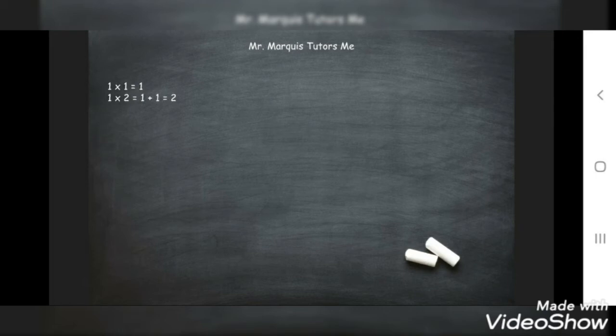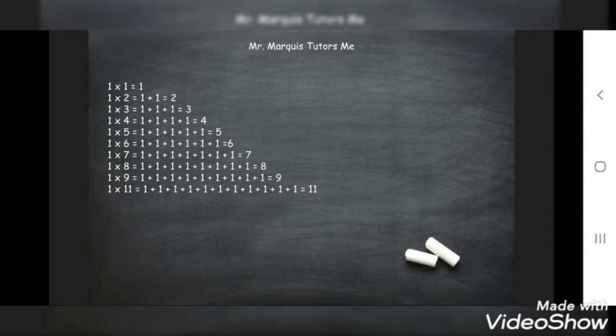So 1 times 2 equals 1 plus 1 equals 2. I have 1 times 3 equals 1 plus 1 plus 1 equals 3. And you'll do that until you get to, I went to 11, but most of your math books go to 12. So multiply 1 times 12, go all the way to 12. And even when it's time to go all the way to 12 times 12, go ahead and do that.